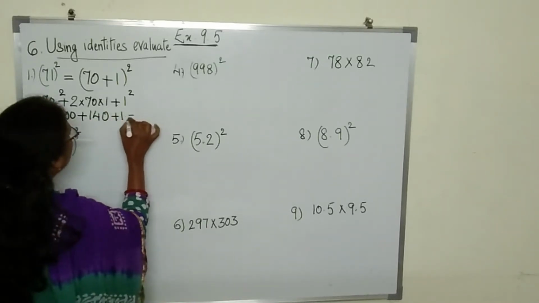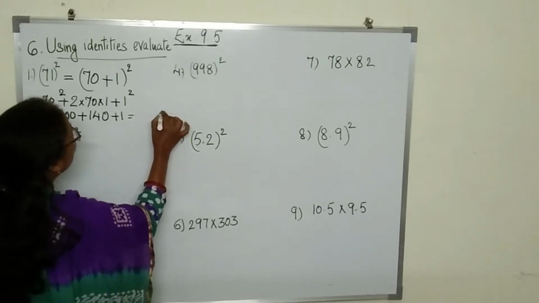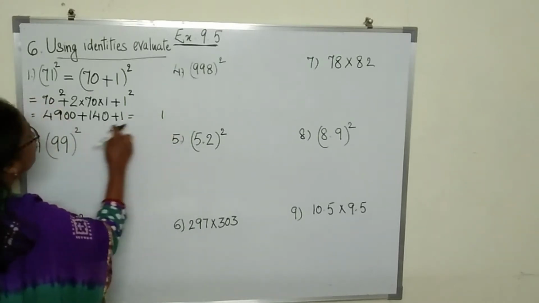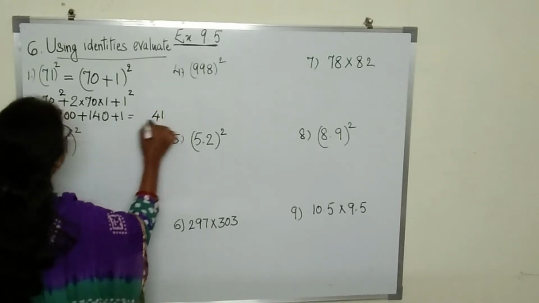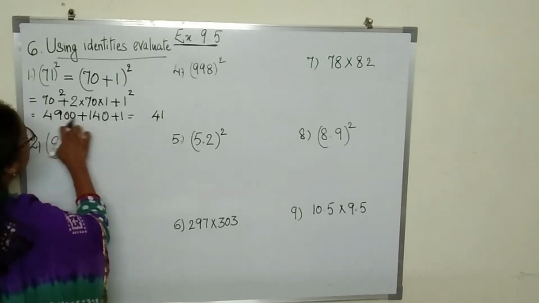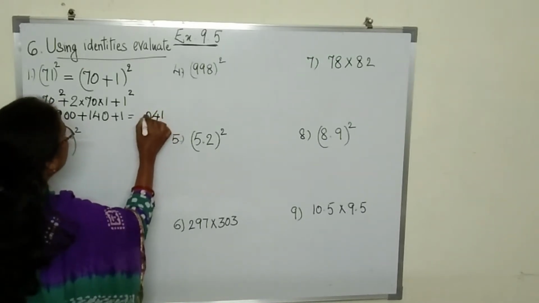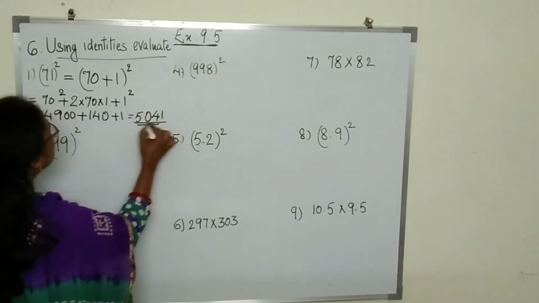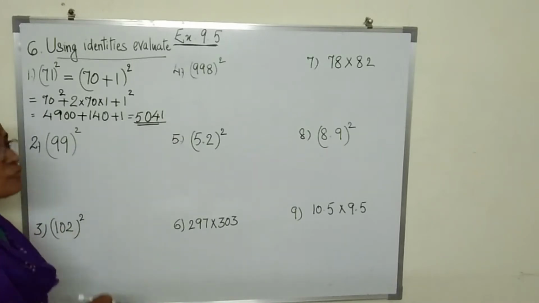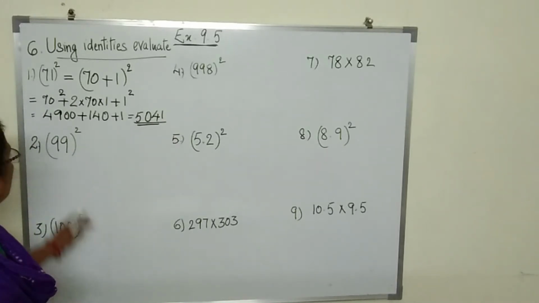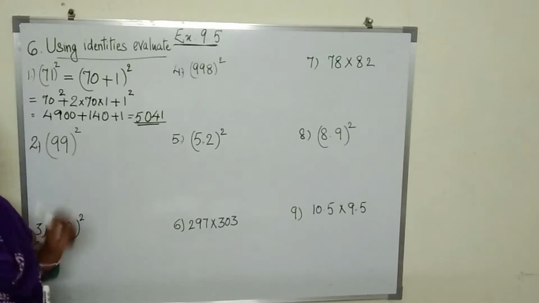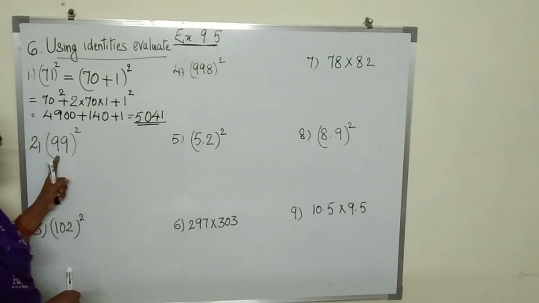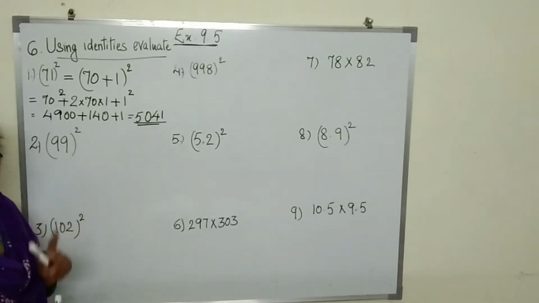When you add them, what do you get? 9 plus 1, 10, 4 plus 1, 5. So the answer is 5041.